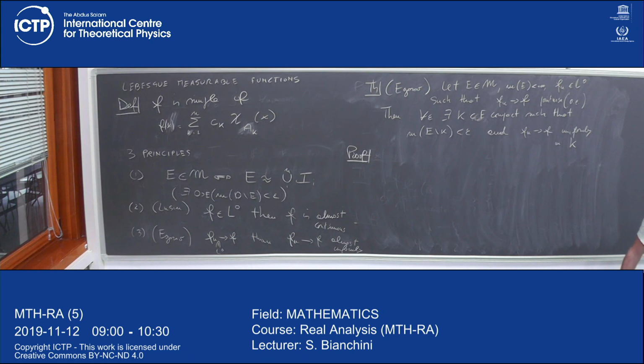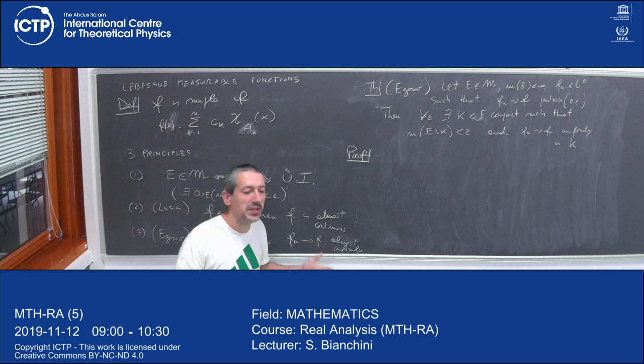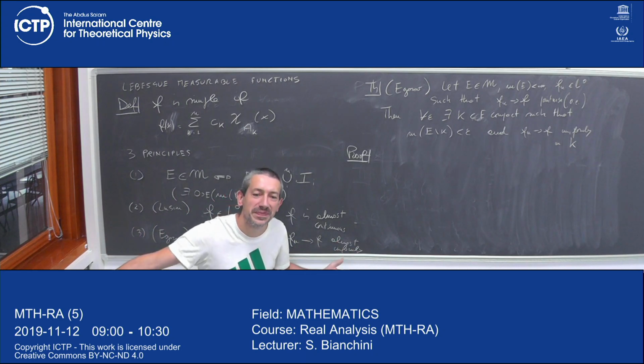Finite. Yes, why? Remember, a set is measurable if there exists a family of closed sets converging from inside. Okay, it's a limit of compacts at the end. Yes, and it's a limit of compact sets because we have another statement that tells you that a set is a countable union of sets with finite measure.